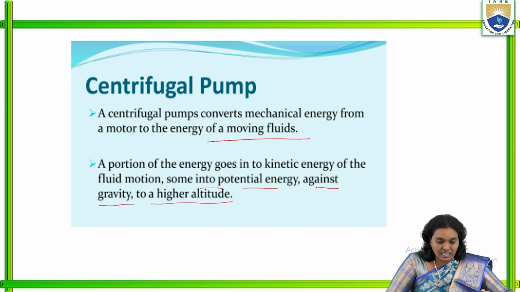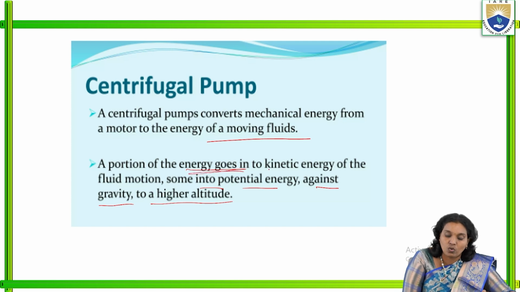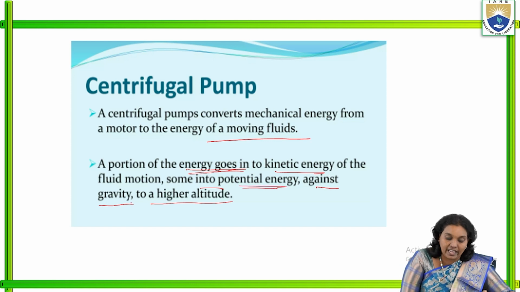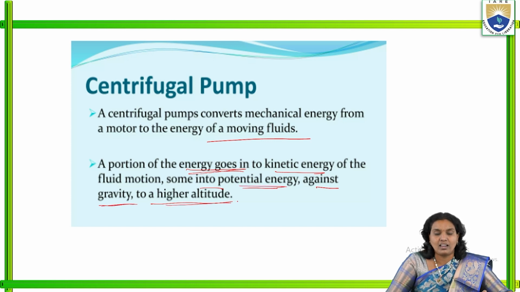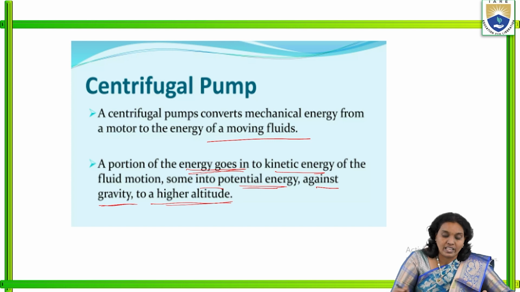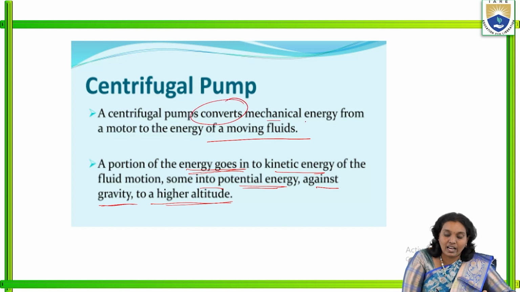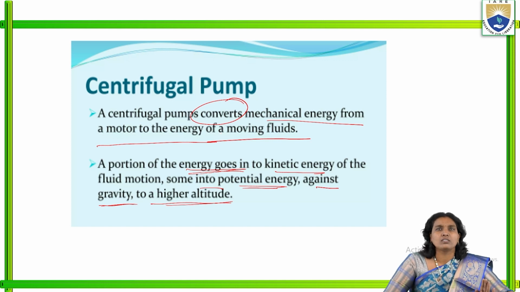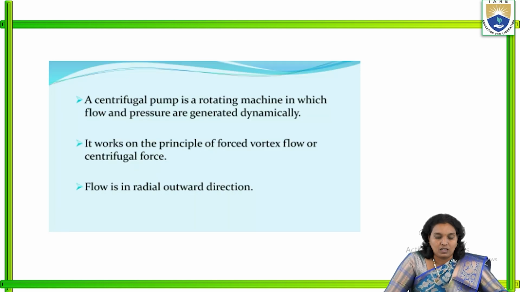Some portion of the energy goes into kinetic energy of the fluid motion, and the remaining goes into potential energy against gravity to a higher altitude. So centrifugal pumps convert mechanical energy into another form of energy.